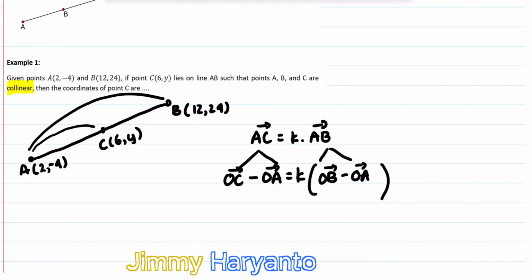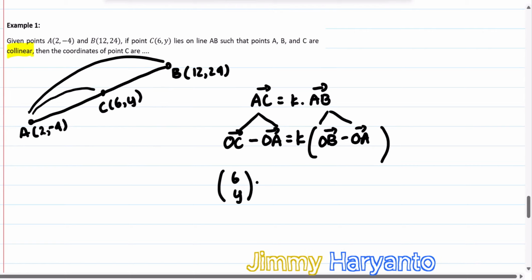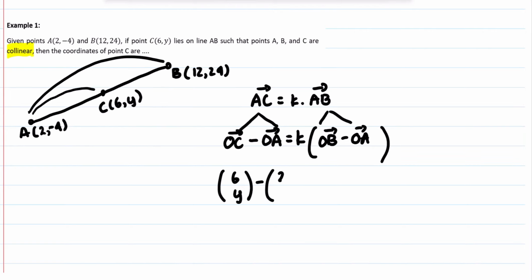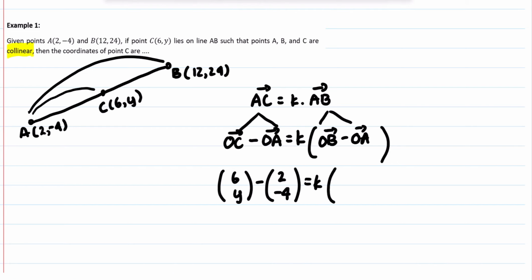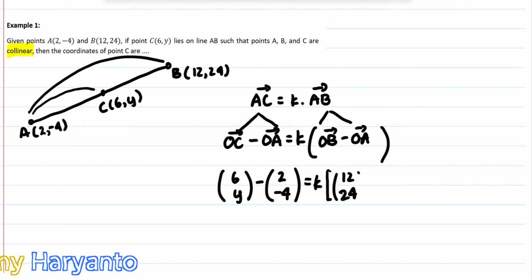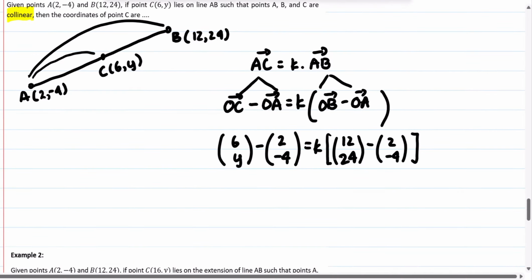Okay, and then input the values. For OC we have (6, y), for OA we have (2, -4), equals K times OB, which is (12, 24), minus OA, which is (2, -4). Okay, and then just subtract.